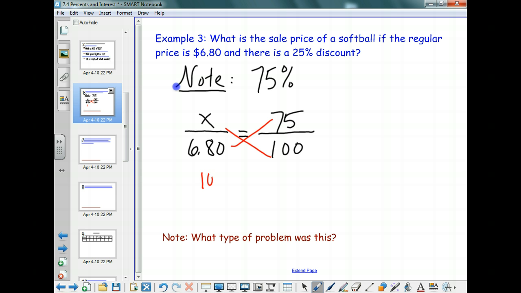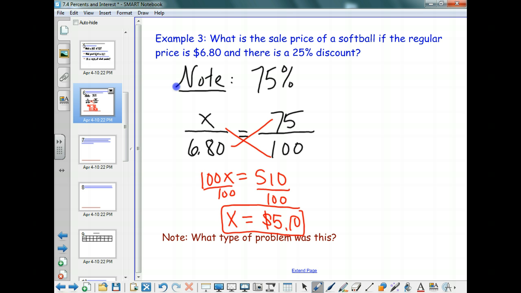All right, so I have 100x equals what? What's 680 times 75? 510? Okay. And then what? Divide by 100, and we worked on the previous slide on this divide by 100 idea. So what does this 510 turn into? $5.10.